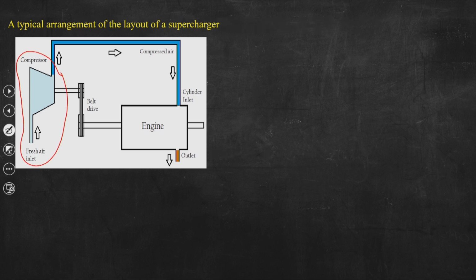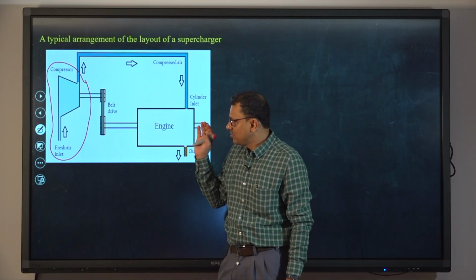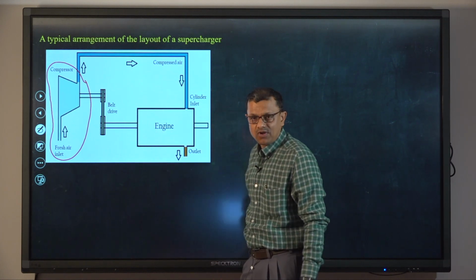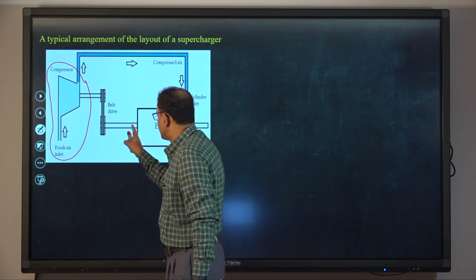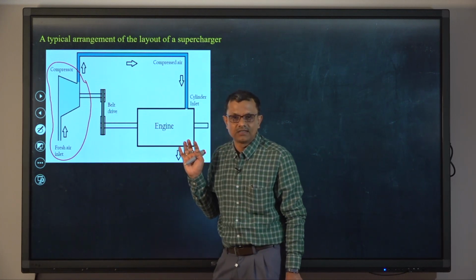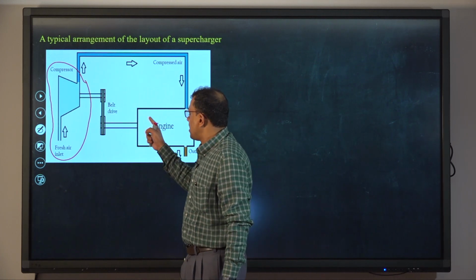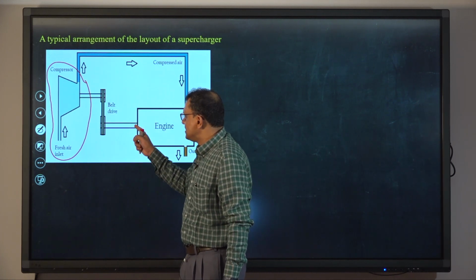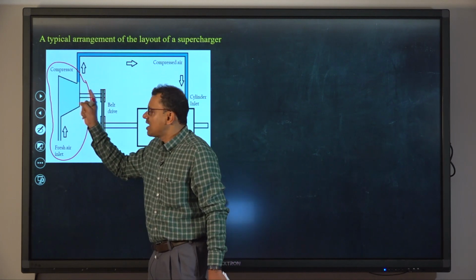This compressor can be positive displacement type or centrifugal type, but what we can see from this block diagram is that the compressor shaft is connected to the shaft of the engine. That means the engine and compressor are mechanically coupled, and the output power of the engine will be used to feed some power to run the compressor.